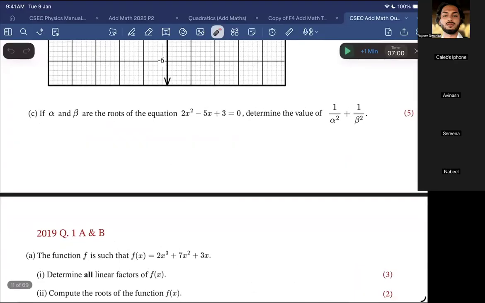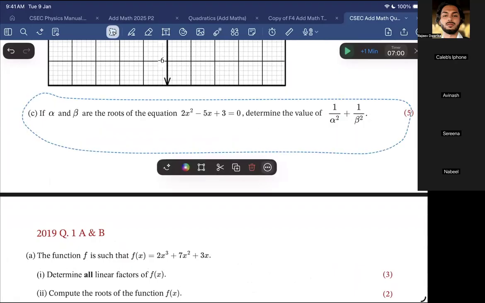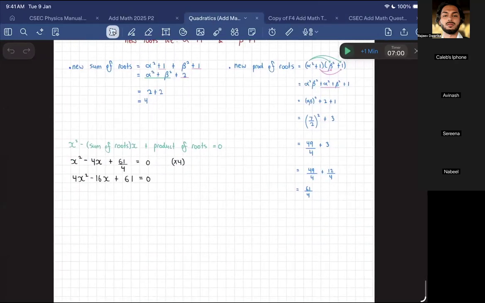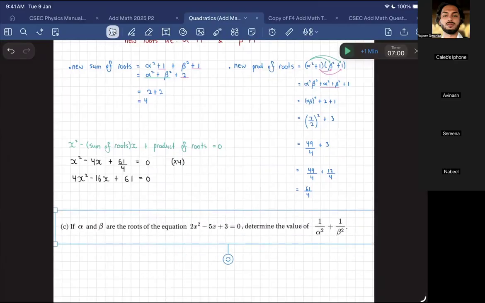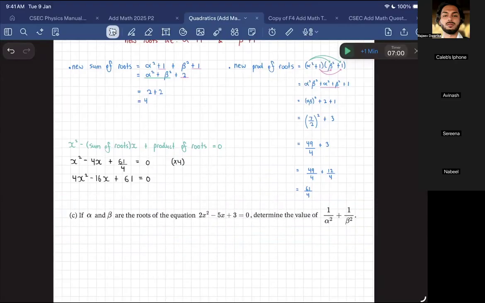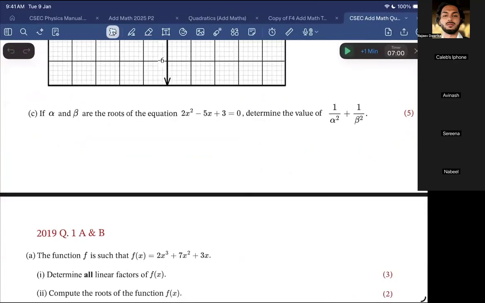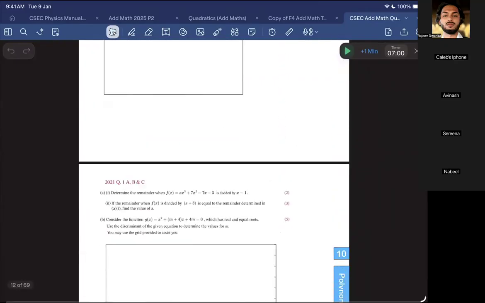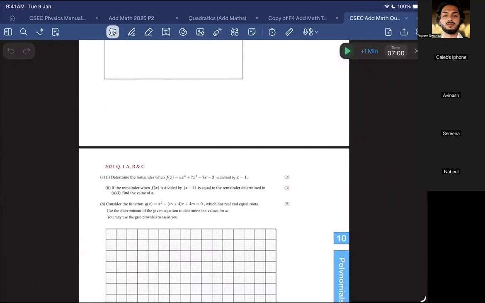Let me just take a screenshot of this, or I could just copy it. So this is all your homework. Not just this question, you'll have more, because I feel like this is such easy marks to get. I would hate to see you all lose these marks.